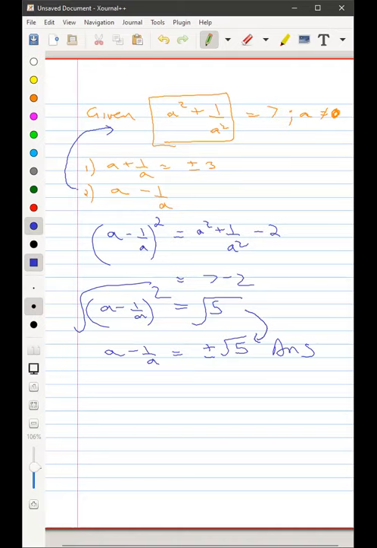The last one, part C, a squared minus 1 upon a square. Think about this. I wanted to find out a squared minus 1 upon a square.